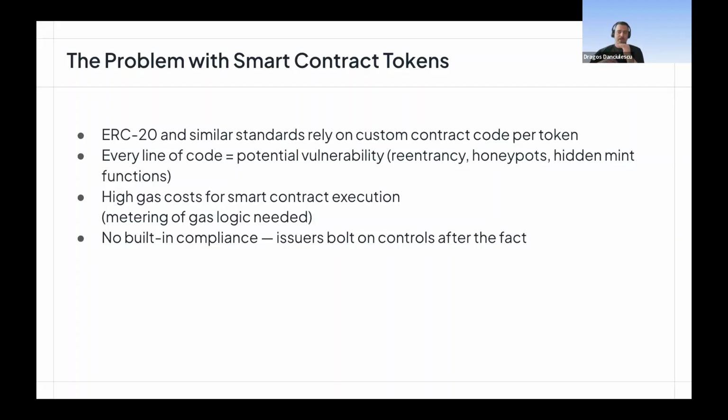Then we also have high gas costs, because this is code we're talking about, and as a bunch of you are developers, I'm sure you know that no code is perfect. It will mean that gas costs will vary a lot, and in some edge cases or scenarios, it could be way higher than expected.